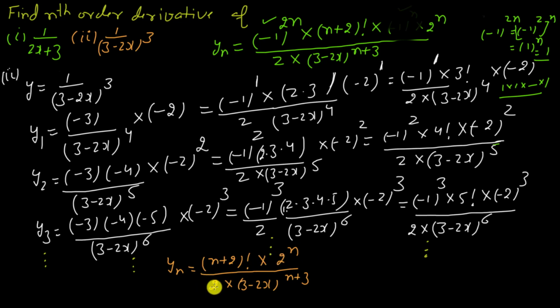But if you still want to adjust this 2 over here, you can write it as (n plus 2) factorial. This will go up and it will be 2 raised to the power minus 1. So this will be 2 raised to the power n minus 1 divided by (3 minus 2x) raised to the power n plus 3. So this is the result. Okay.